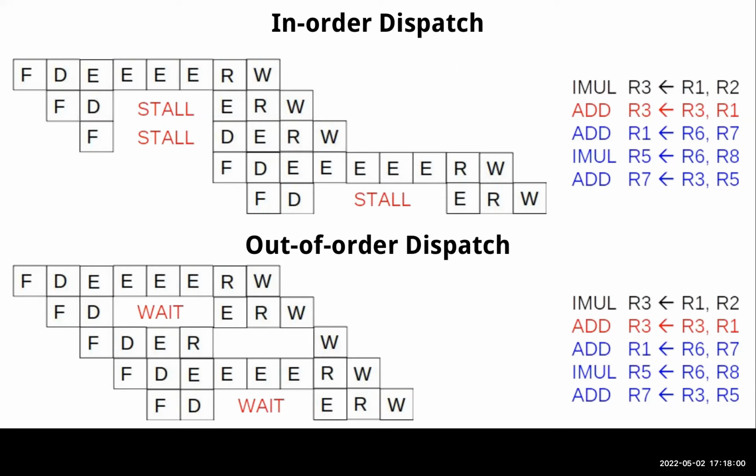This CPU has only 1 fetch unit, 1 decoding unit, 1 read, 1 write, but we could have multiple execution units. If you look at each column, there is only 1 F, 1 D, and here actually 1 E. So here we have 2 execution units.